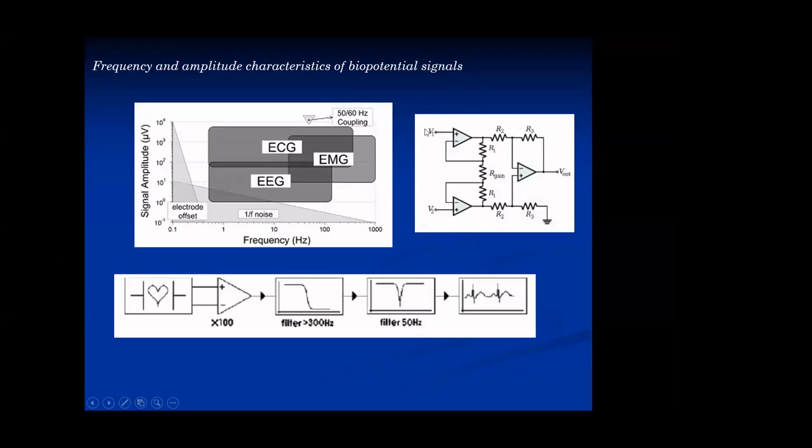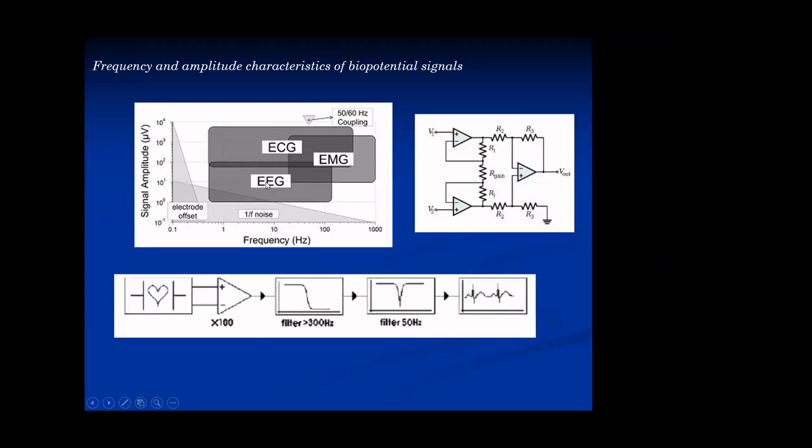So due to the several advantages of the instrumentation amplifier, we'll use an instrumentation amplifier with a high gain of the order of 100, so that the signal will be in the range of a few volts. Now we need some filtering also. There are different types of noises that will be encountered while recording the signal.